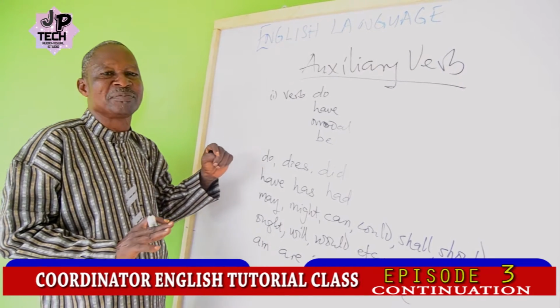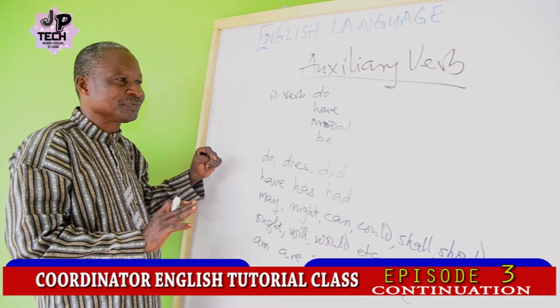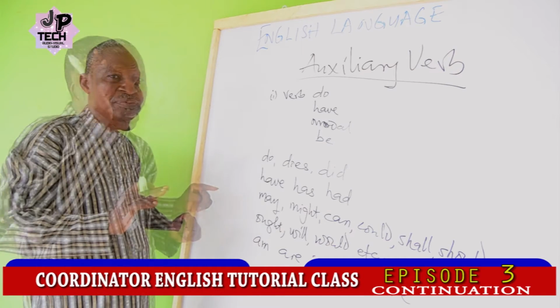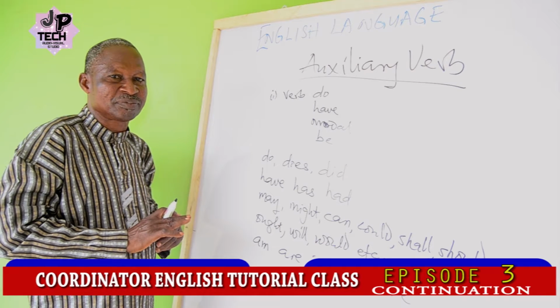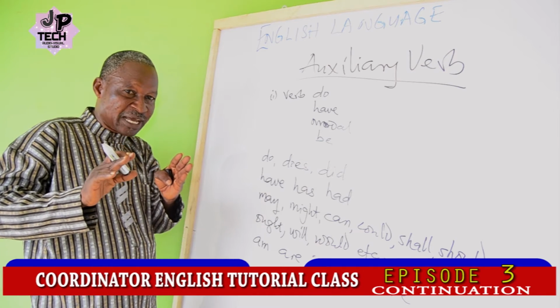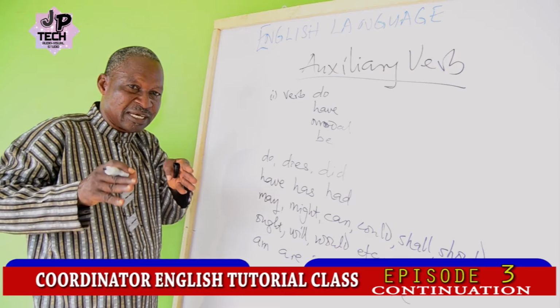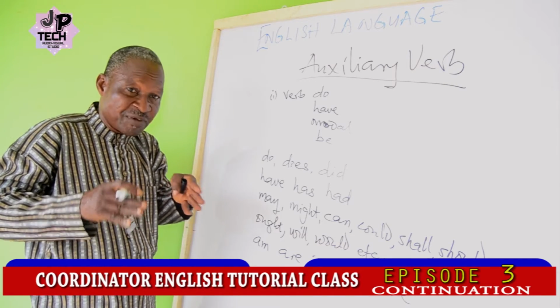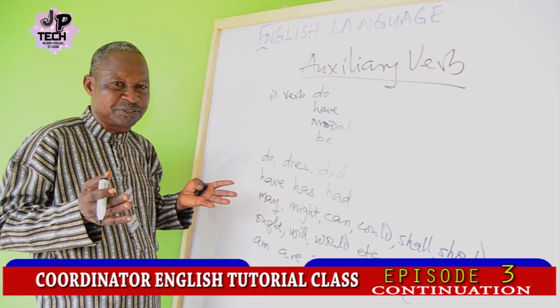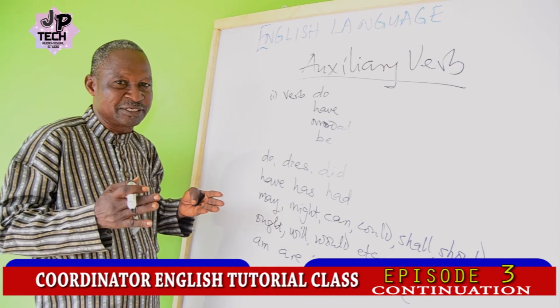But let us see them as auxiliary verbs. If I say, I do not understand, what we are really saying there is that understand is the verb that is communicating what we want to express. I do not understand.